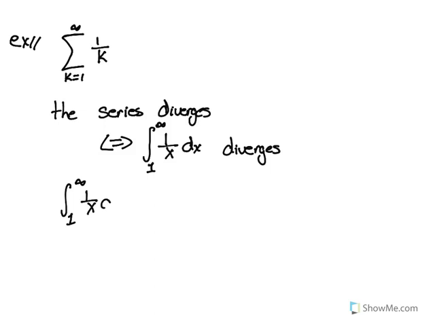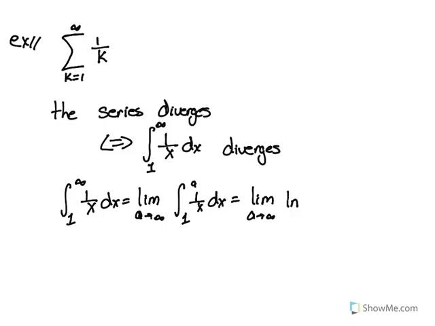In case you've forgotten, the way we do this is by setting it as a limit as a goes to infinity of the integral from 1 to a of 1 over x dx, which is equal to the limit as a goes to infinity of ln of a, which is equal to infinity.